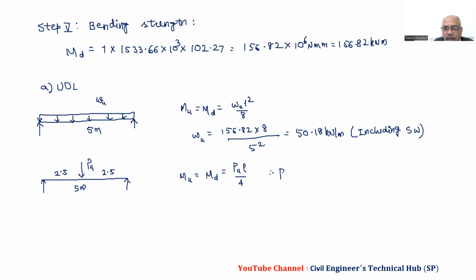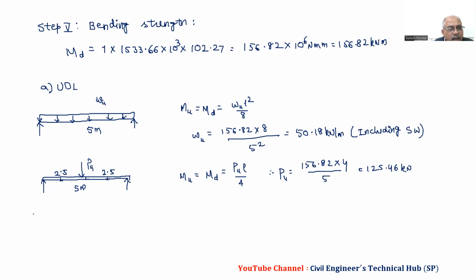From this we will get PU equal to 156.82 into 4 upon 5, and we have this value 125.46 kilonewton. Actually, this is not exact, so we have to subtract the self weight and then go to the actual value.